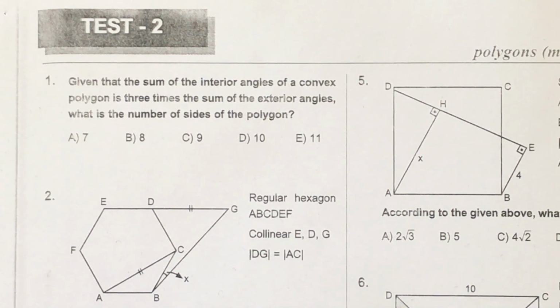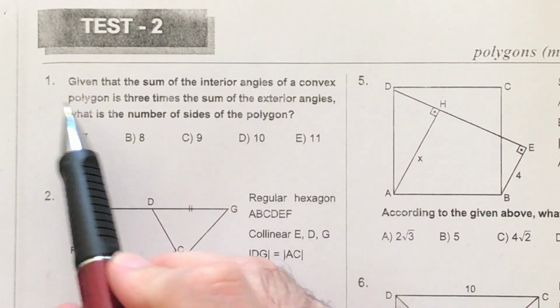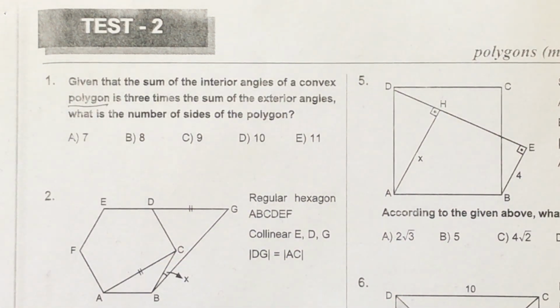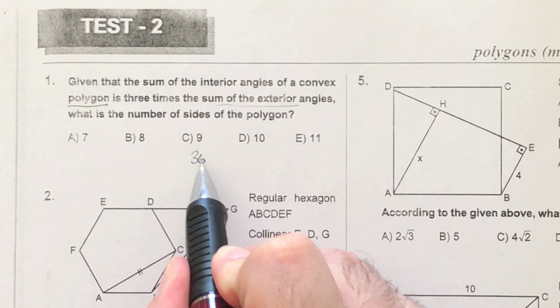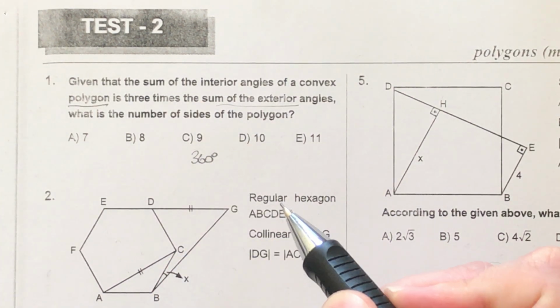Okay, it says in the first question, given that the sum of the interior angles of a convex polygon is 3 times the sum of the exterior angles. We know that in a polygon the sum of the exterior angles is always 360 degrees.